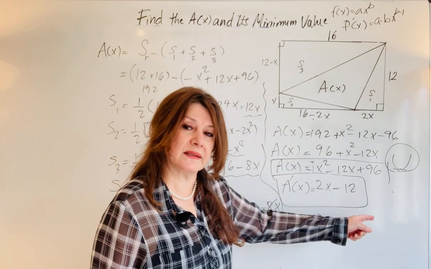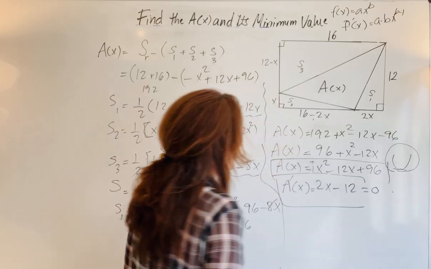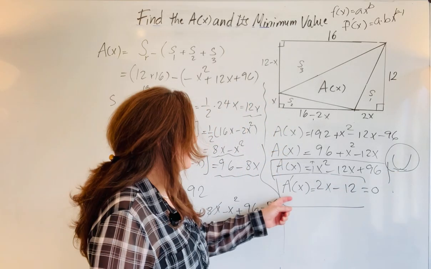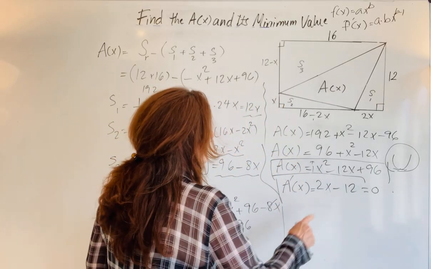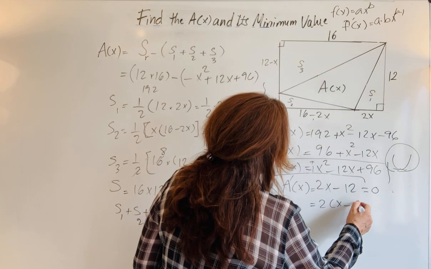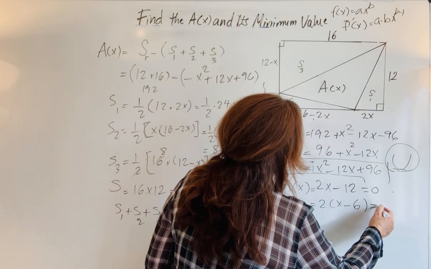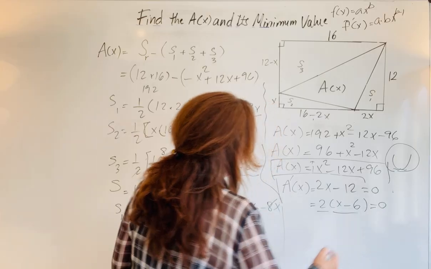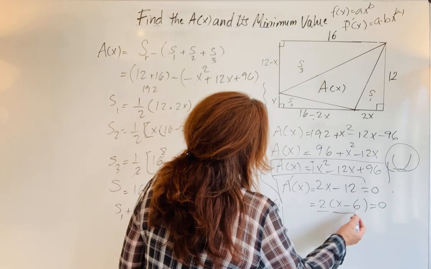When the derivative gets 0, we have a maximum or minimum point. But in this case, this is just a line, and a line has just one answer. If this is 0, we can factor out 2: 2 times x minus 6 equals 0. 2 is not 0, so this must be 0.